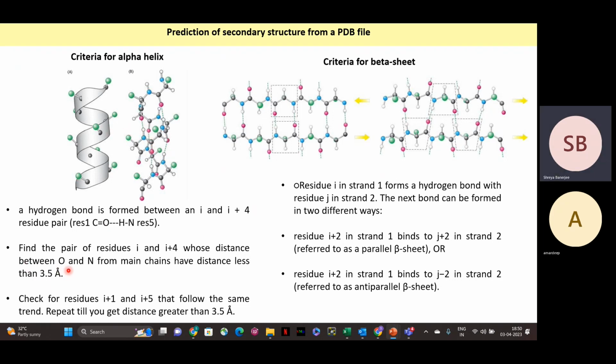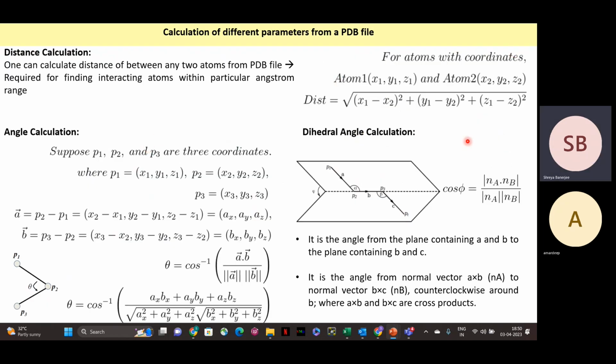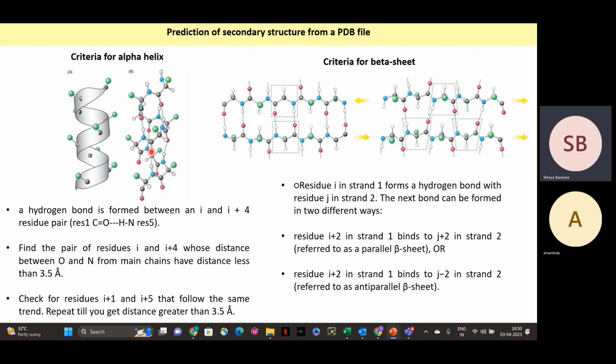And if you find multiple such consecutive i plus 4 to i hydrogen bonds, that means it is an alpha helix. So once more, you need to find out the atom numbers of the CO and NH. Then the PDB will give you the XYZ coordinates. Using this formula, you can find the distance between CO and NH. If this distance is less than 3.5 angstrom, that means there is a hydrogen bond between those atoms. If there are multiple such consecutive hydrogen bonds between i+4 to i residues, that means it is an alpha helix.